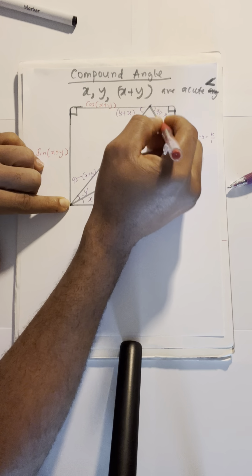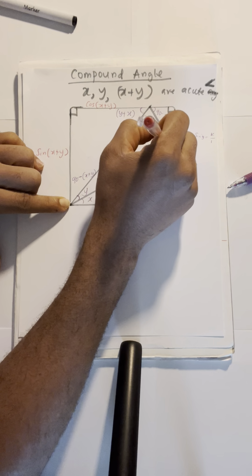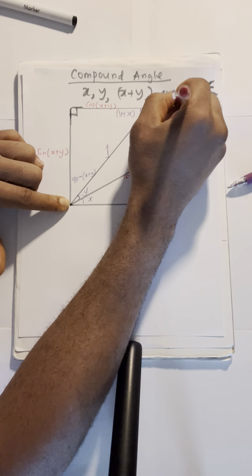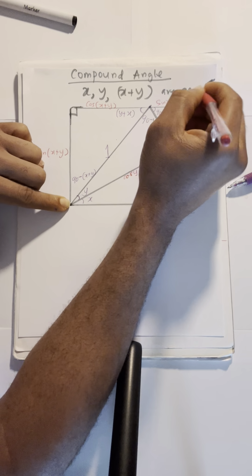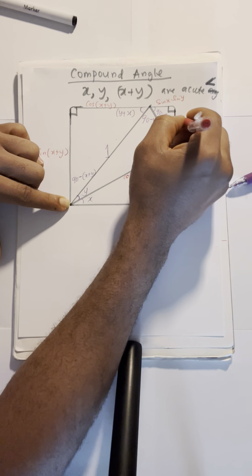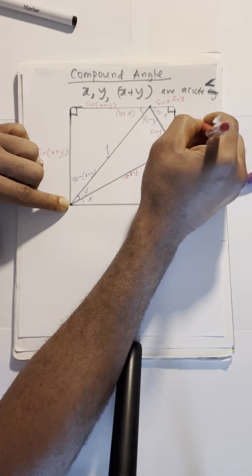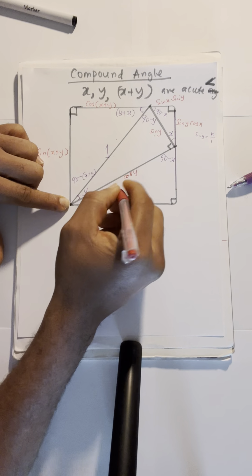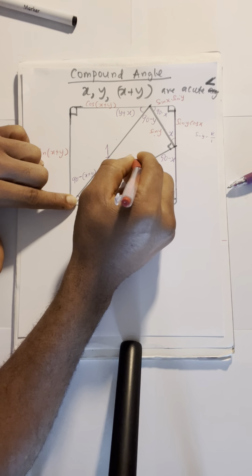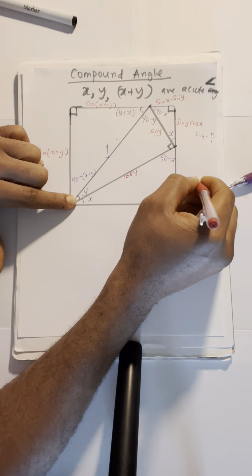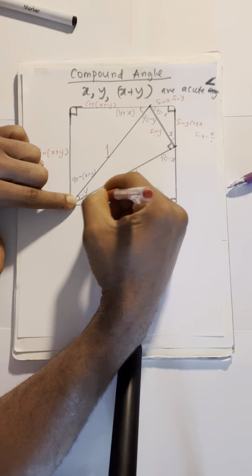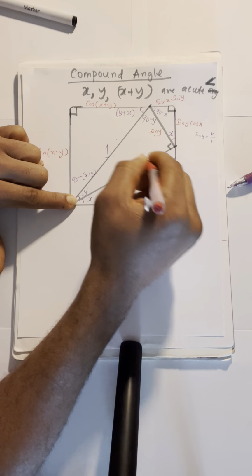Now, opposite over hypotenuse will give us this side to be sine y cos x. Now, if we do the same thing here, opposite over hypotenuse, we don't know what this is.